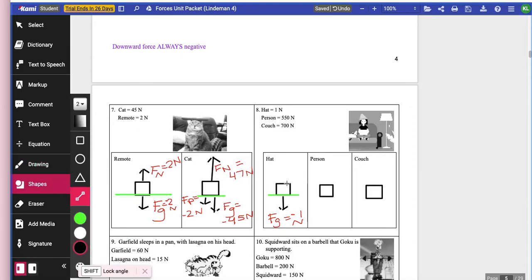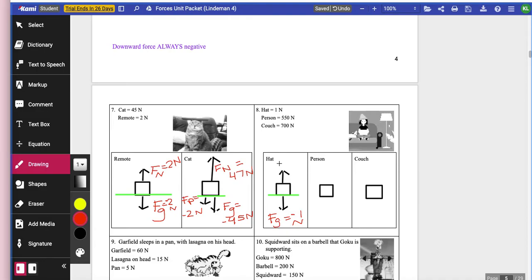The normal force is pointing up, so Fn equals 1 Newton. The rest of these two will continue in that same pattern where we have two forces going down, a push and a gravity going down, and normal force going up.